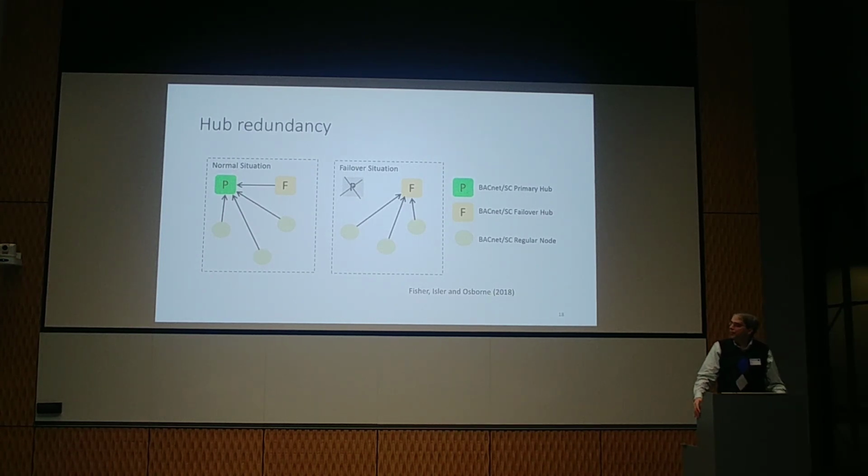Now, you probably remember from the diagrams about BACnet IP that BBMDs have to reside on networks that have other BACnet IP devices in order to be able to forward messages on behalf of those devices. One of the differences with BACnet SC is that the BACnet SC hubs no longer have to reside on an IP subnet that has any BACnet SC devices at all.